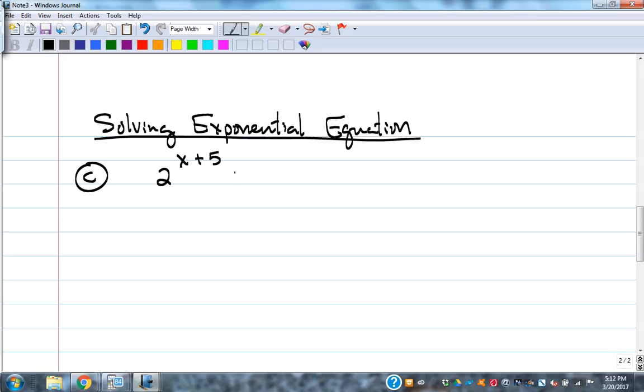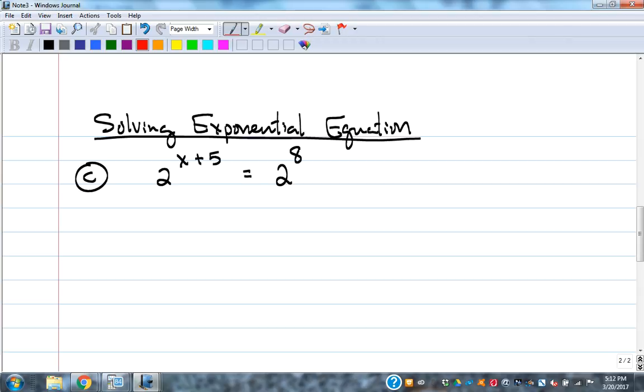2 to the x plus 5 is equal to 2 to the 8th power. Exponential equations, the variable is going to be in the exponent. What you want to do is have the bases be the same. In this particular section, to solve it, the bases need to be the same. As we progress through chapter 6, we're going to learn how to solve the ones where the bases can't be made the same.